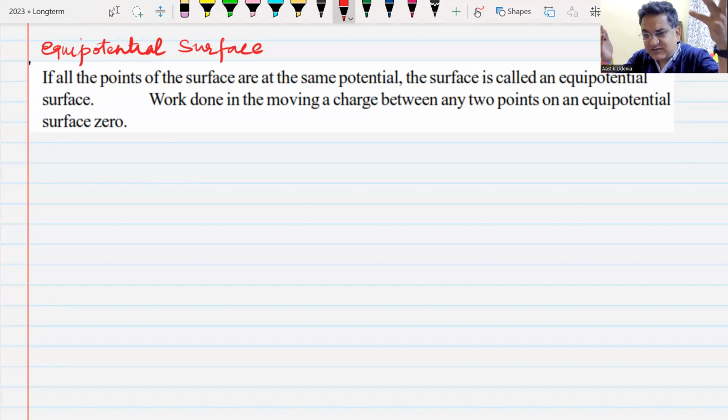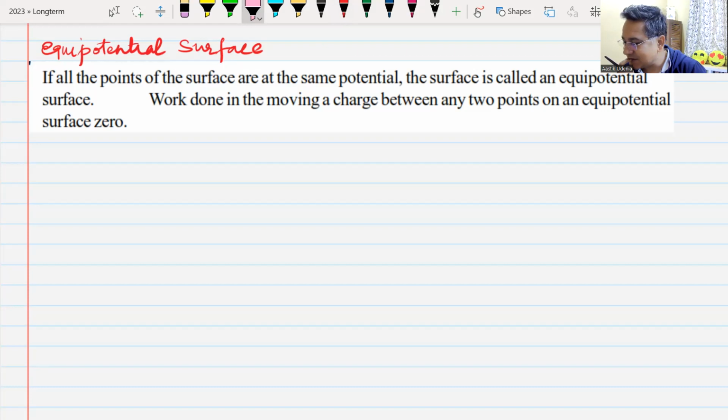We don't know what is U. It's STU. But still we know what is equipotential surface. See? Knowing U does not make any difference to our life. U is STU, U for umbrella. Umbrella Corporation was the name of a corporation in a movie, and I've forgotten the name of the movie.